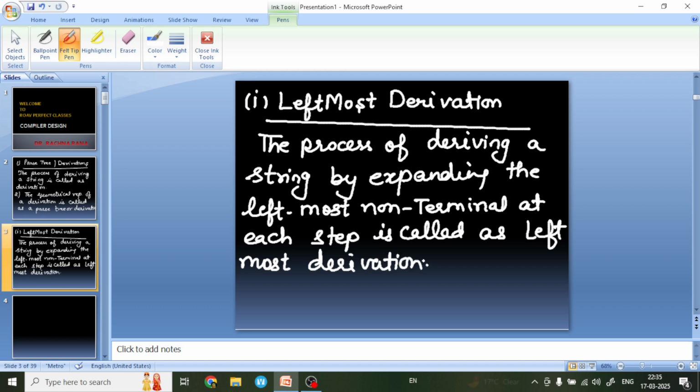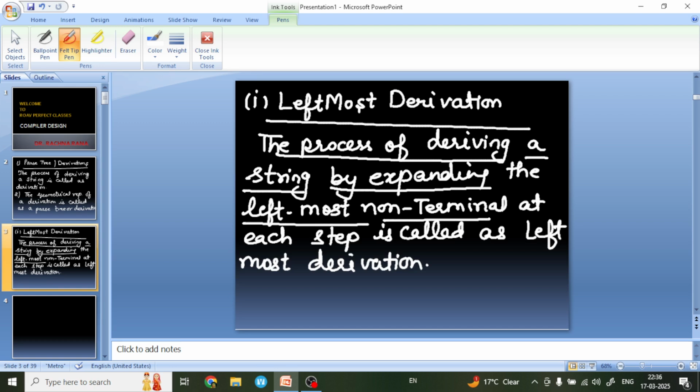I again repeat, what is leftmost derivation? The process of deriving a string. How? By expanding the leftmost non-terminal at each step. That is known as leftmost derivation.